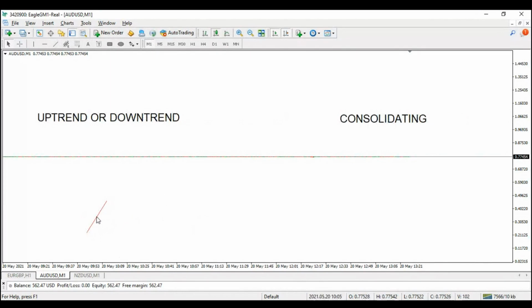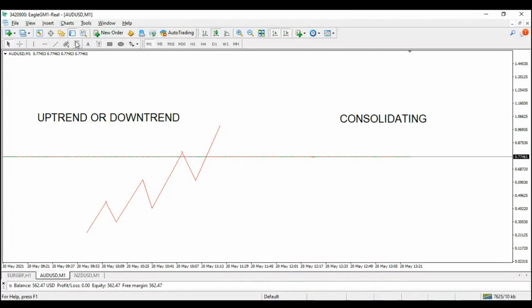Okay, so when price creates an impulse to the upside, it creates a correction to the downside. Creates another impulse to the upside, creates a correction to the downside, and so on and so forth. So what I'm driving at is this is an uptrend.